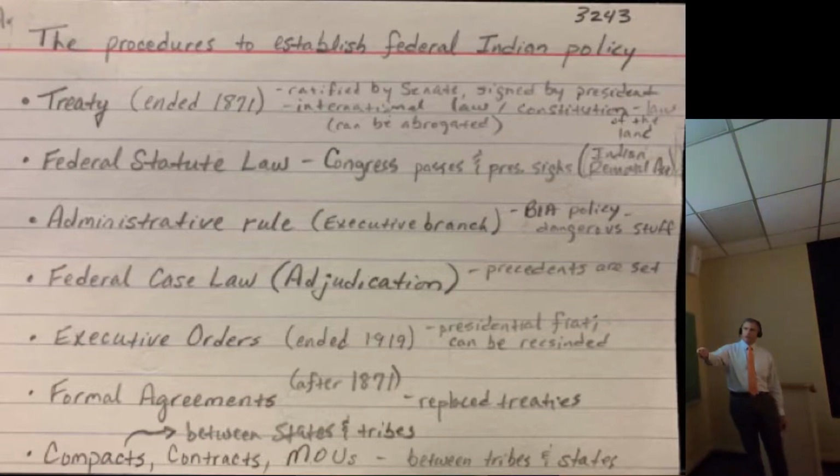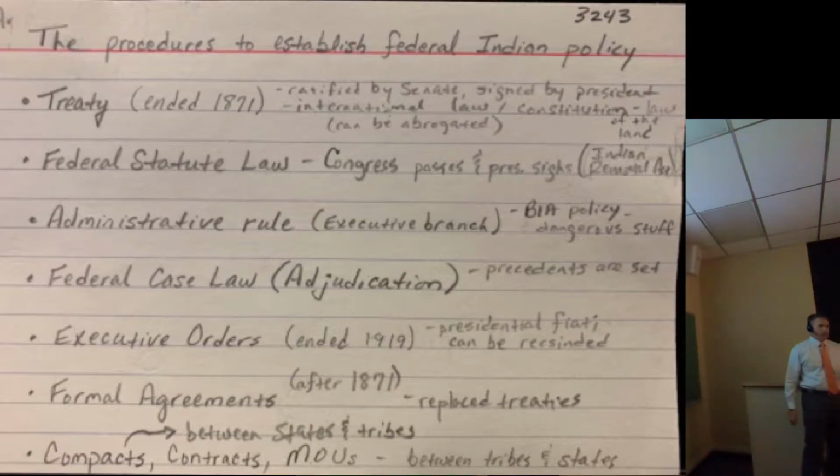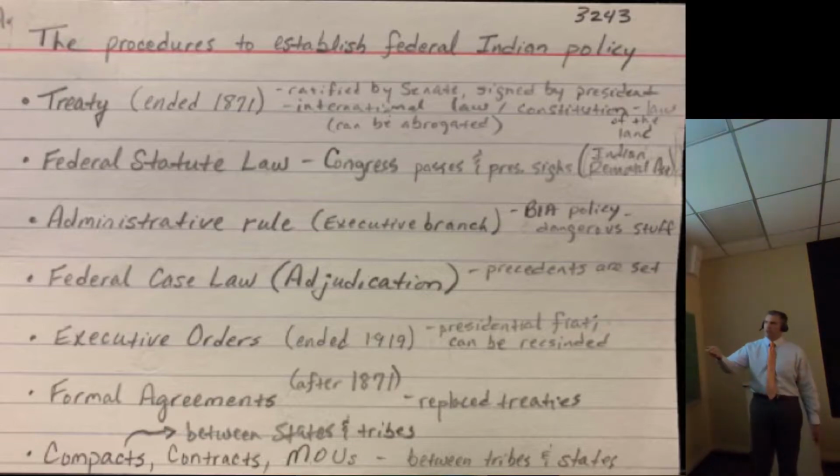And finally, between Indian tribes and the states, all of this other stuff is all federal policy. Between Indian tribes and states, we have something that's fairly new, and it's called the compact and the contract process and the MOU. What's an MOU?